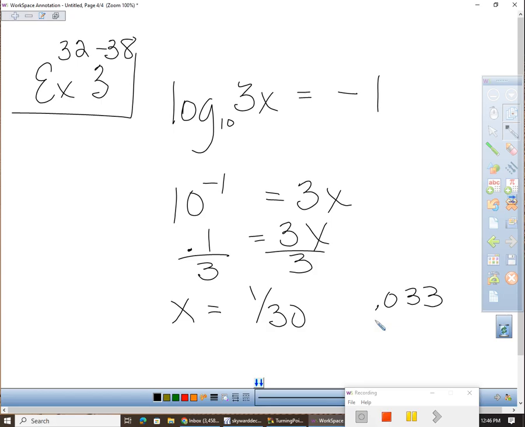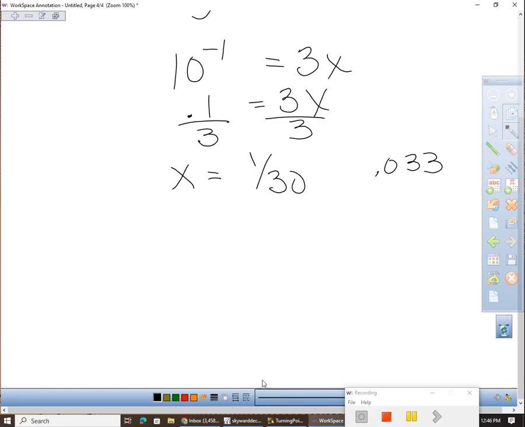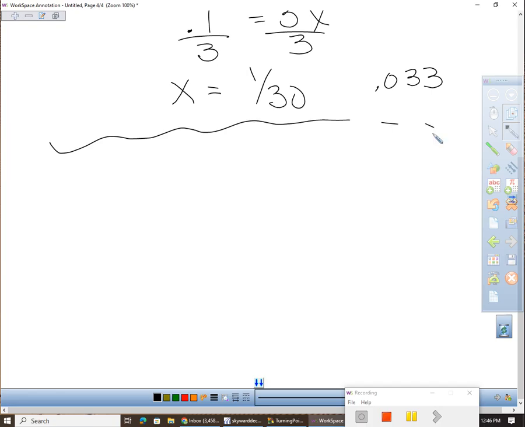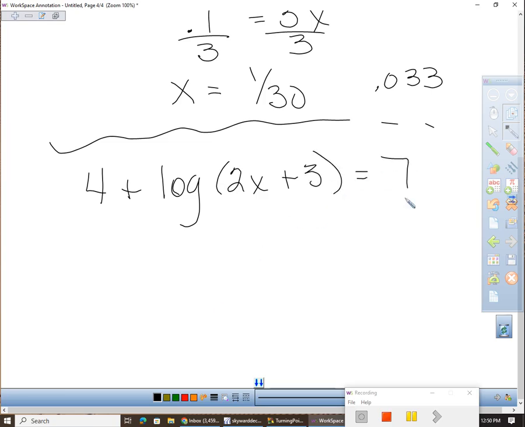Let's try another one of these. Let's say I have 4 plus log, let's go base 10, of 2x plus 3 equals 7.